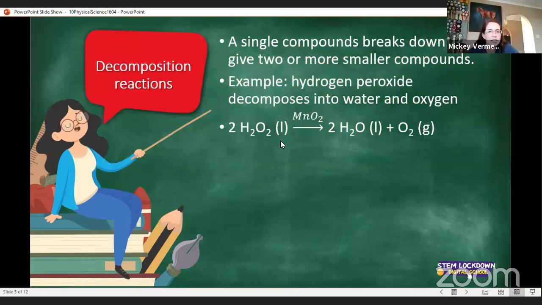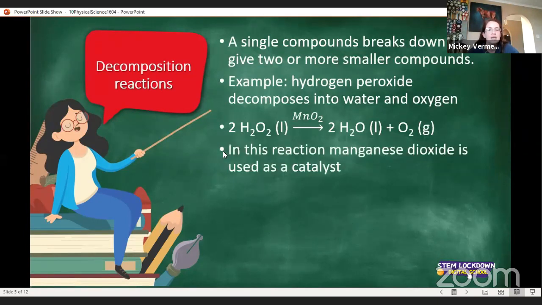Manganese oxide helps this hydrogen peroxide split easily without drama, and the hydrogen peroxide becomes water and oxygen gas. So we took a big molecule and split it into two smaller ones. In this reaction, manganese dioxide is the catalyst.